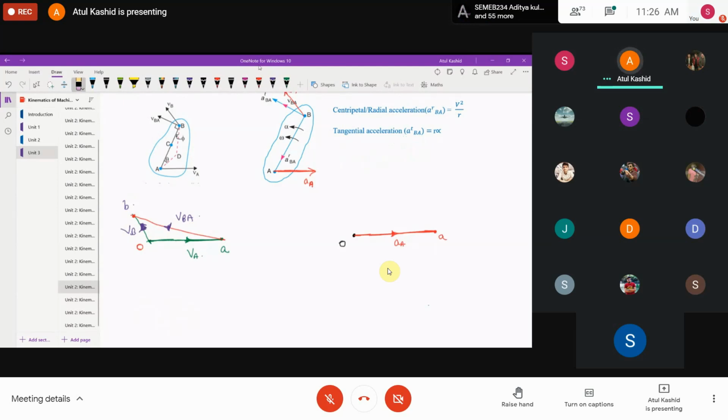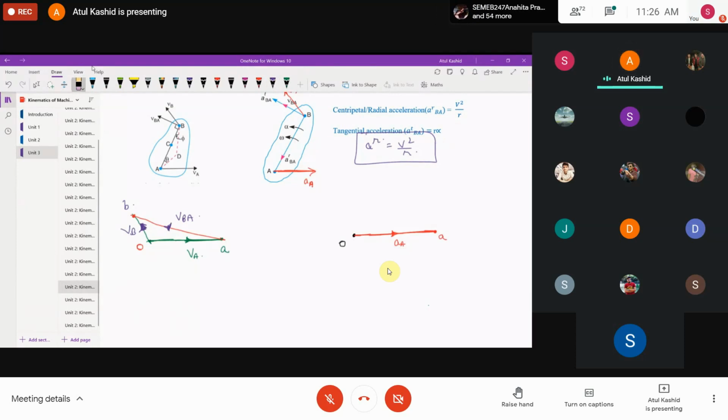So in this case, I will first draw the radial component, which is equal to V square upon R. I've considered that I know the magnitude for this component, that is AR, equal to V square upon R, right?